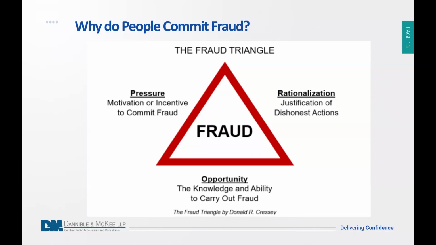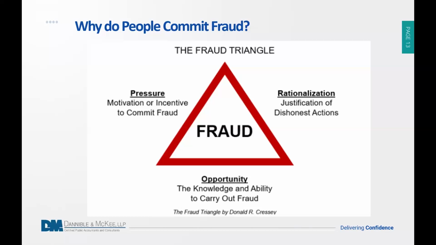There has to be the opportunity to commit fraud, and that's the knowledge and the ability to carry it out. There's always generally some sort of pressure or motivation, which is giving the perpetrator the incentive to commit the fraud. And then you have to have rationalization at the end, justification for why it's okay to be committing fraud or committing these dishonest actions.